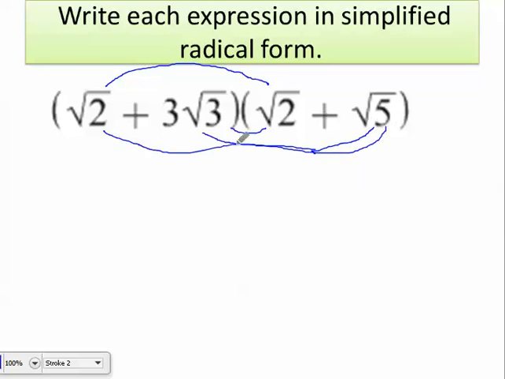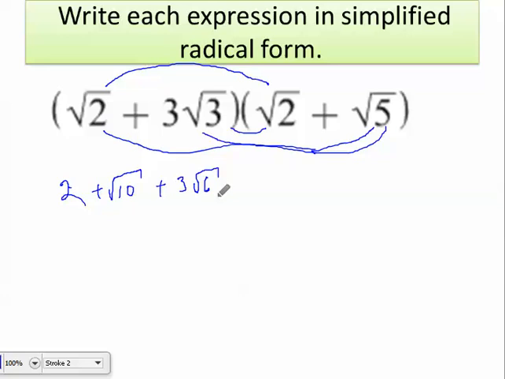So what's the square root of 2 times the square root of 2? 2. What's the square root of 2 times the square root of 5? Well, that's plus the square root of 10. Okay? Plus, well, the square root of 3 times the square root of 2 is the square root of 6, so that'd be 3 square roots of 6.